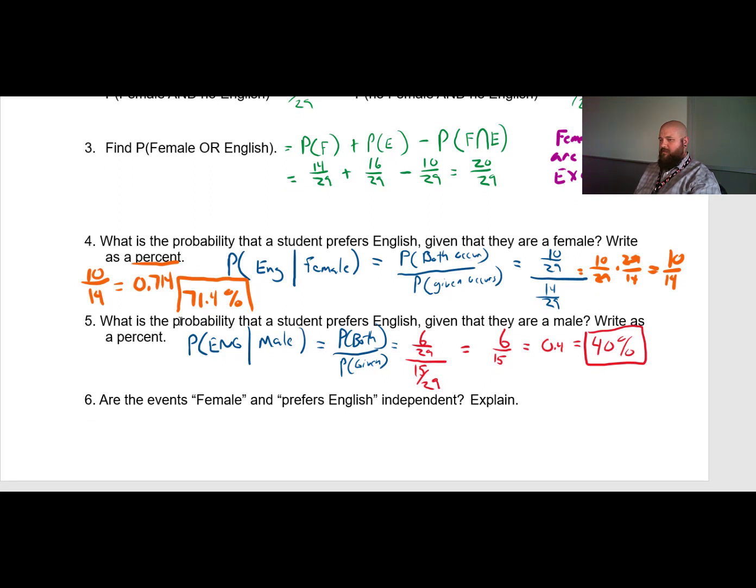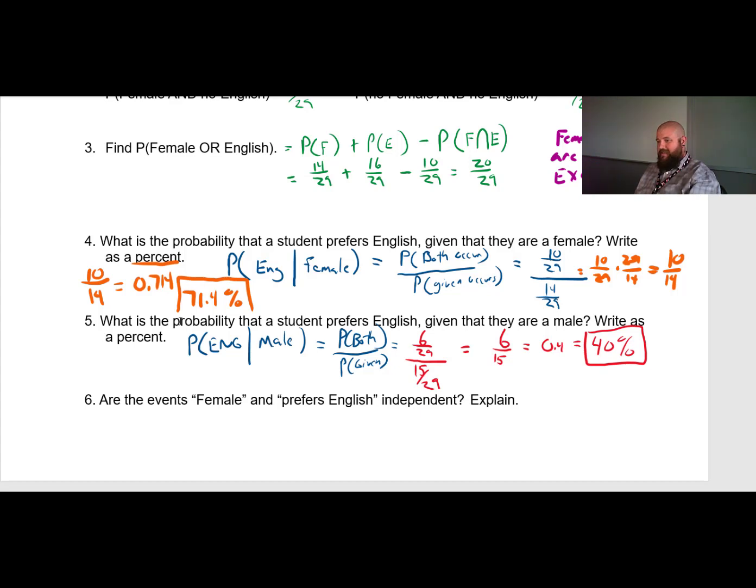So, are the events female and prefers English independent? And explain. Well, no. If we know a student is female, the probability that they prefer English changes. And it goes way up. So it's dependent. And we can check to see if that rule said, right? If the probability of A given B is equal to the probability of A given the complement of B. So you can check that rule.